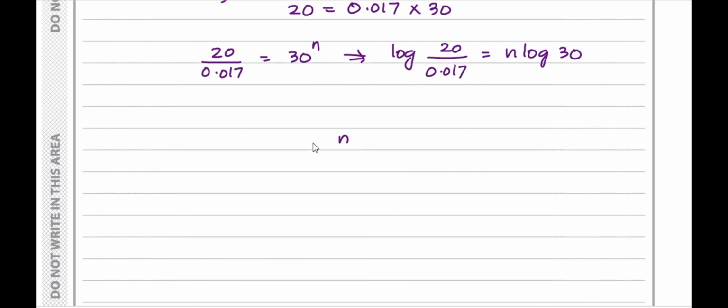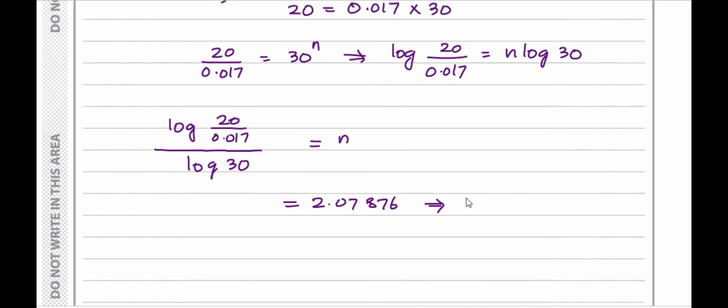Therefore n equals log of 20 over 0.017, over log 30, and that's coming to 2.07876 from the calculator. So we can write this as 2.08 to 3 significant figures.